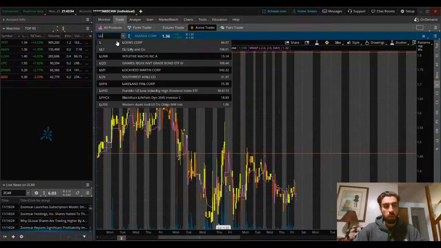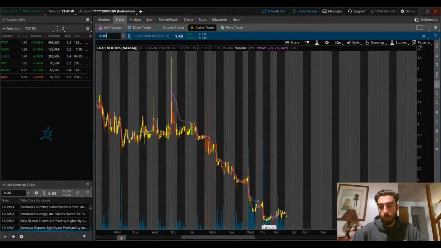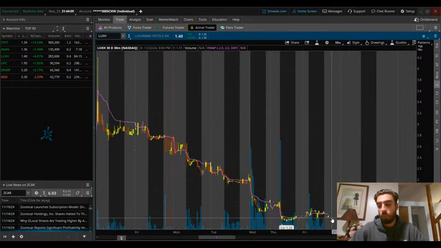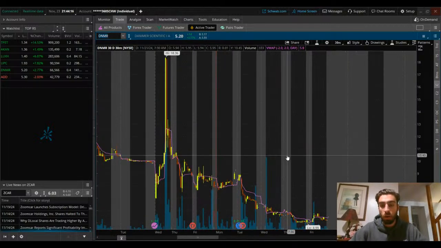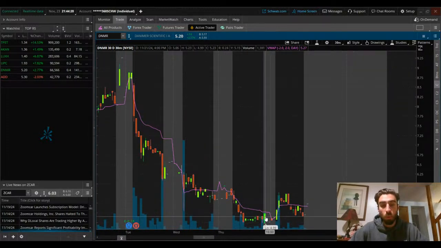The next one is ULXH. This one is very intriguing to me. Makes a low at 1.22, some volume coming in here. It's just near $1, right? And then the next one is DNMR, where it makes a low at 4.99 with a wick, pushes up, and then pushes back down again.